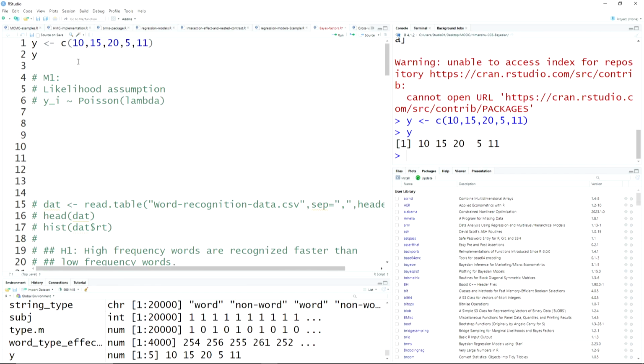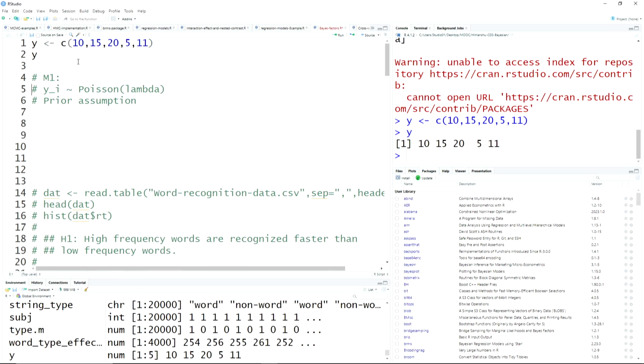So, lambda is the rate of road accidents in the city. This is the likelihood assumption, and now we are going to write the prior assumption. The prior assumption about lambda is that it comes from, let us say, Gamma(1, 1).